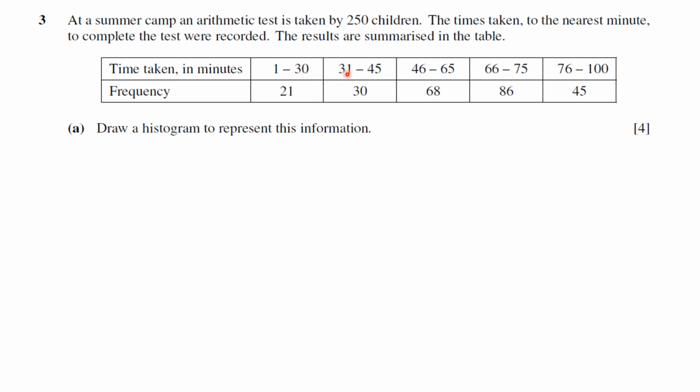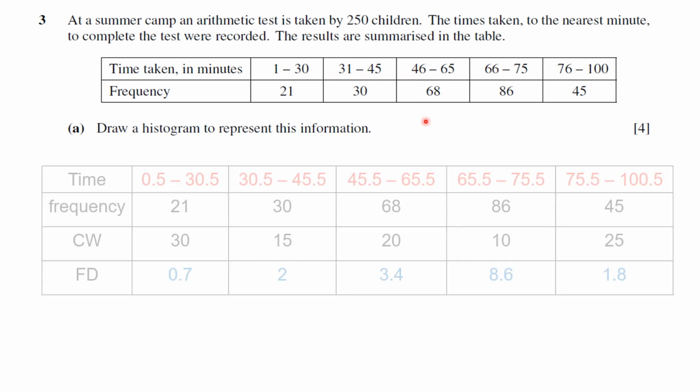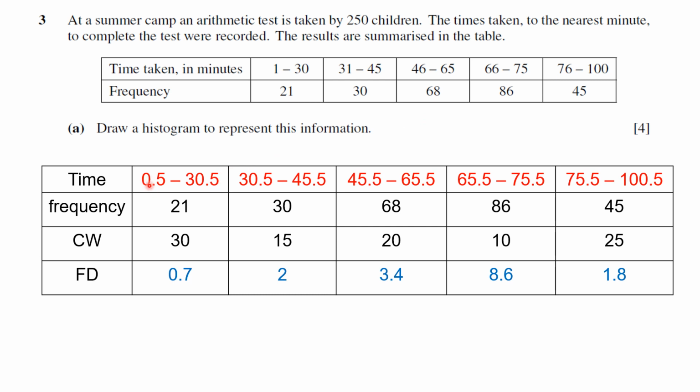And we're going to do the same thing for the others as well. So this is going to look like this. We have 0.5 to 30.5, 30.5 to 45.5, 45.5 to 65.5.